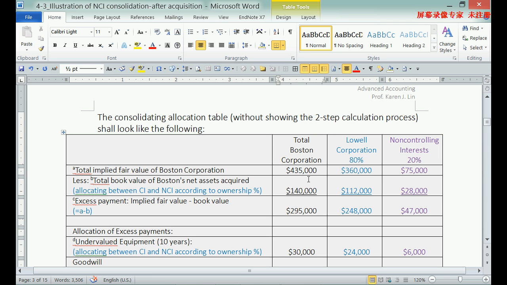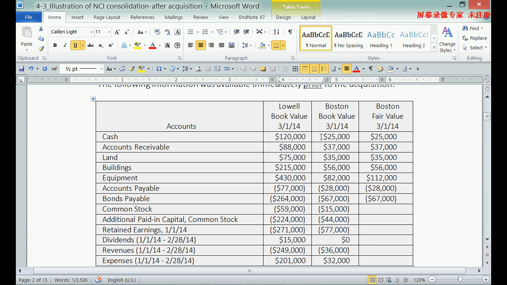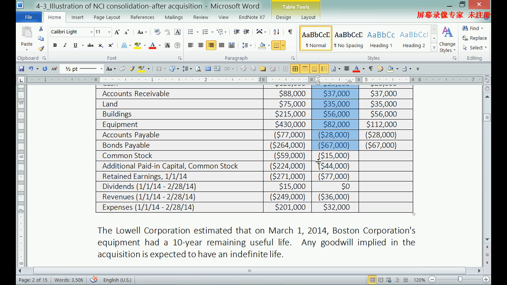And we take the book value of Boston from the total payment, and we get the implied excess payment. How do we get the book value of Boston? We can look at here. We can use Boston's assets minus liabilities, or we could add up the common stock, additional paid-in, and retained earnings at March the 1st, 2014.